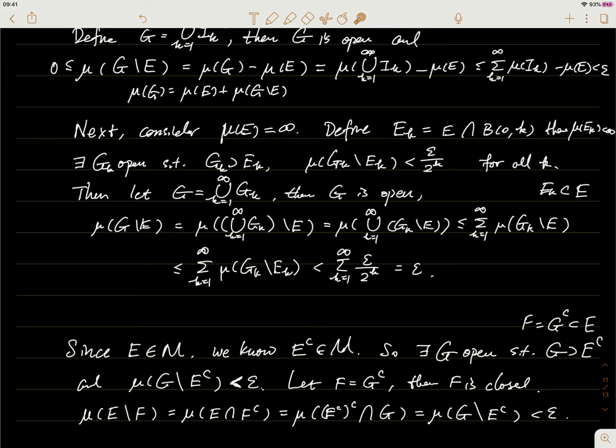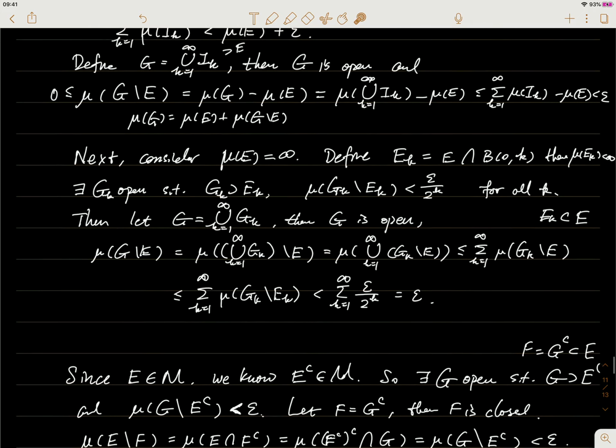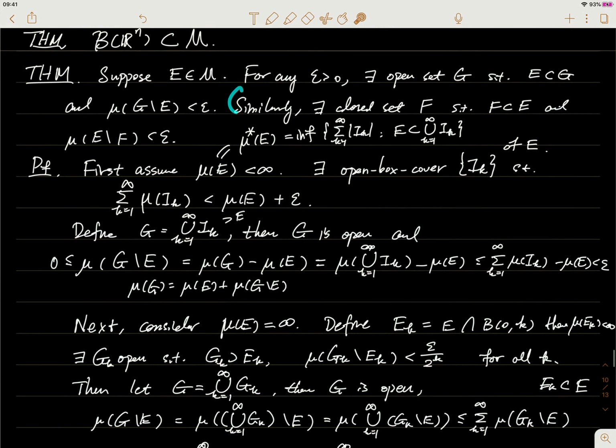So the way we chose this G, we made it an open set, and it's a very tight enclosure of E complement, so that the measure of their difference is less than epsilon. That's why, following how we constructed G, this is less than epsilon. So now we constructed a set F that is closed, F is included in E, and the measure of the difference between E and F is less than epsilon. So that's how we proved the second statement.